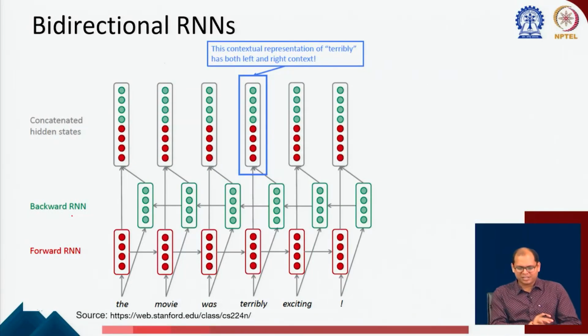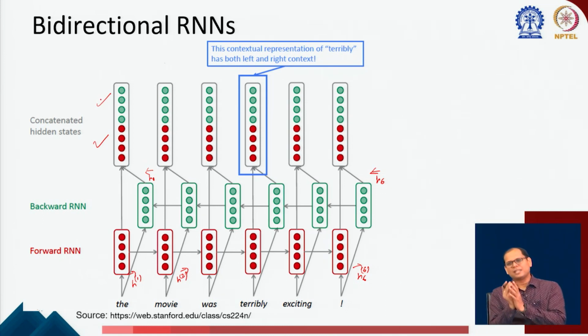This is a pictorial representation: from the forward RNN I get H1 forward, H2 forward, up to H6 forward, and from the backward RNN I start from H6 backward up to H1 backward, and then again concatenate the forward and the backward to make the final representation.